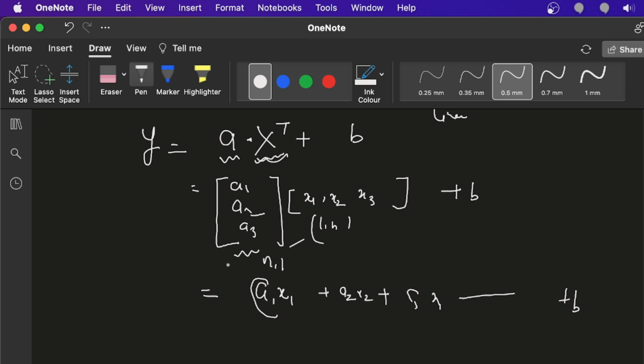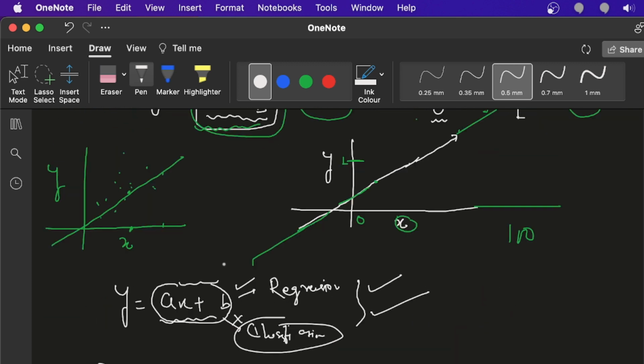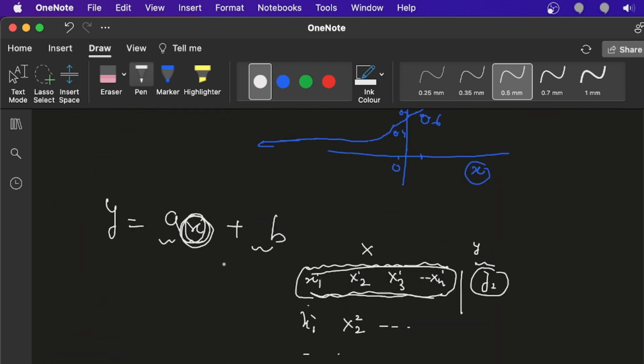Now, come to this point. I will be using some words here. Here you see this is the data set. This X is called input, but in machine learning it is popularly called features. This is called a feature.